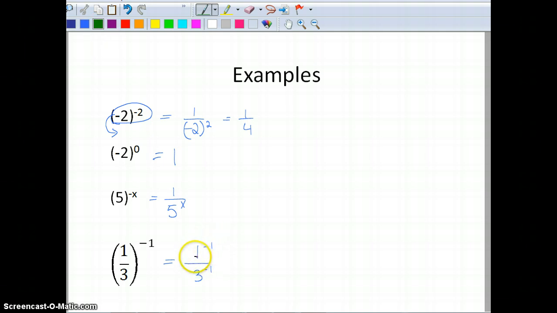Well, I know that if I move this from the denominator to the numerator, it's going to have a positive exponent. So my solution is going to be 3 over 1, or just 3. Now the negative exponents are going to take a little bit of getting used to, but once you're comfortable with it, you're going to be able to go really fast.